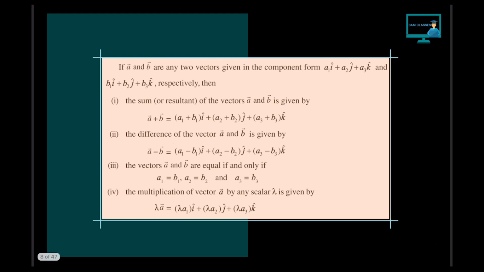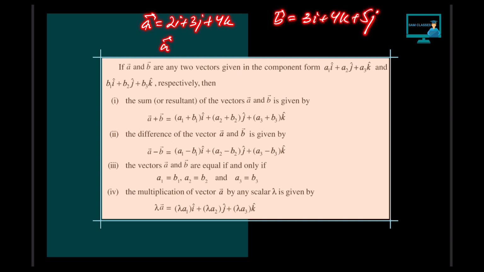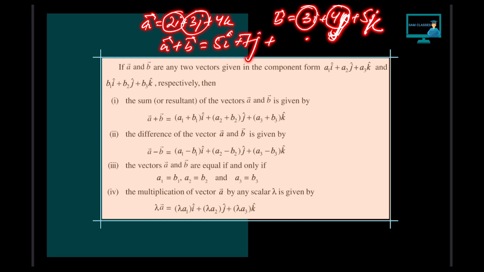Now, here are some things. If two vectors are given, let's say A vector equal to 2i plus 3j plus 4k, and my B vector is equal to 3i plus 4j plus 5k. If I add A vector plus B vector, what will happen? The i cap components will be added, so 5i cap. 3j and 4j, this will be 7j, and 4 plus 5, 9k.